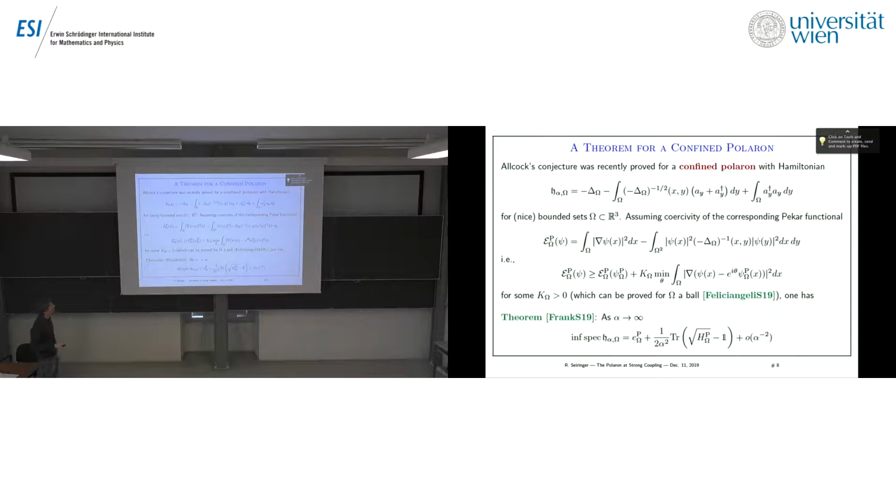So it's the same Hamiltonian as before, except that I confine both the electron and the polarization field to some finite volume, which I called omega here. So think of omega as a ball or a cube, whatever your favorite set, but a bounded set in R3. Okay, so the electron is only allowed to move in this bounded set. So its kinetic energy I think of as described by the Dirichlet Laplacian.